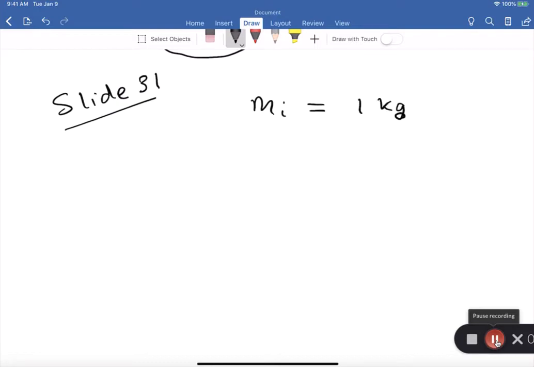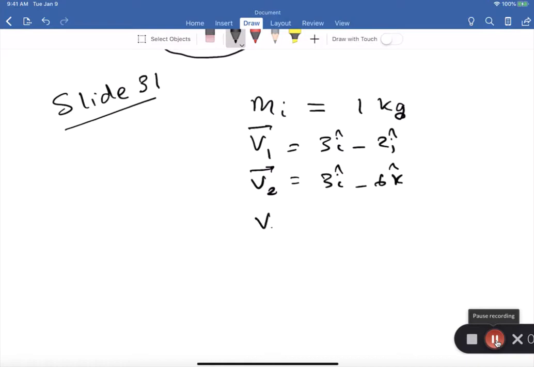What else are we given? We have the velocities of two of the particles. So V1 is equal to 3i hat minus 2j hat. V2 is equal to 3i hat minus 6k hat. V3 is not known. And we are told that the velocity of the center of mass is equal to 0. So the center of mass is at rest.